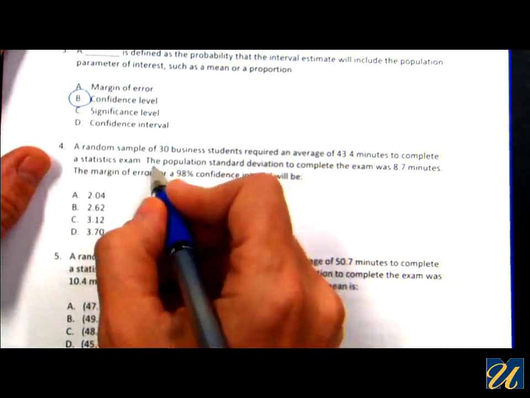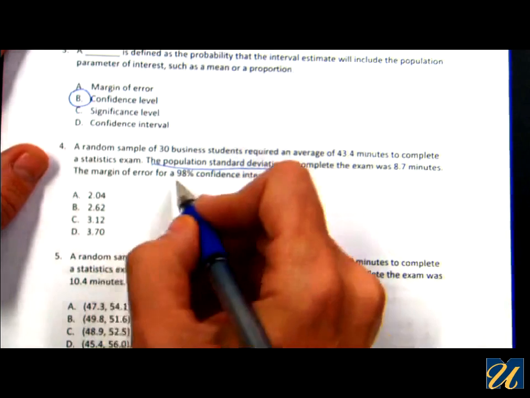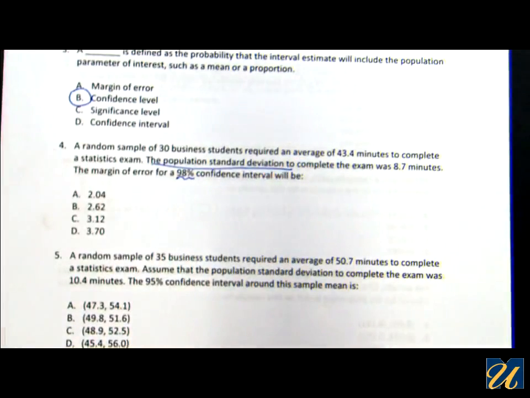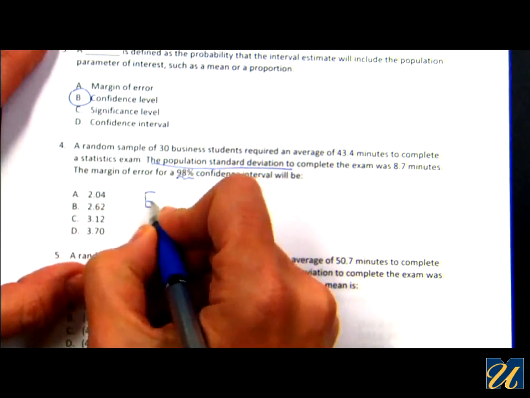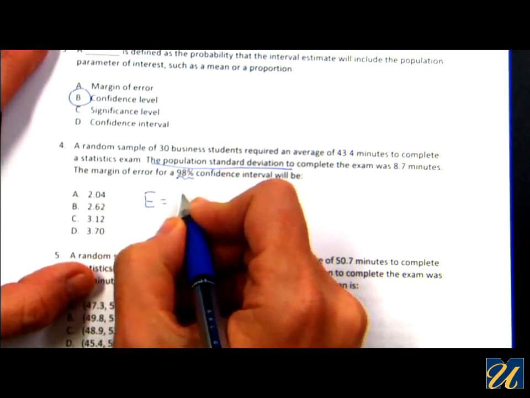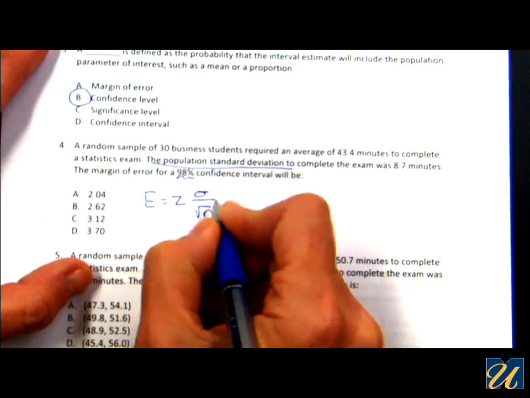The population standard deviation to complete the exam was 8.7 minutes. The margin of error for a 98% confidence interval will be, I'm simply asking for the margin of error. Margin of error is equal to z times sigma over square root of n.